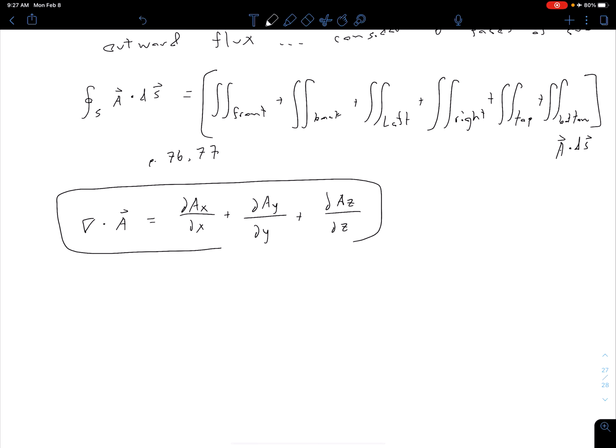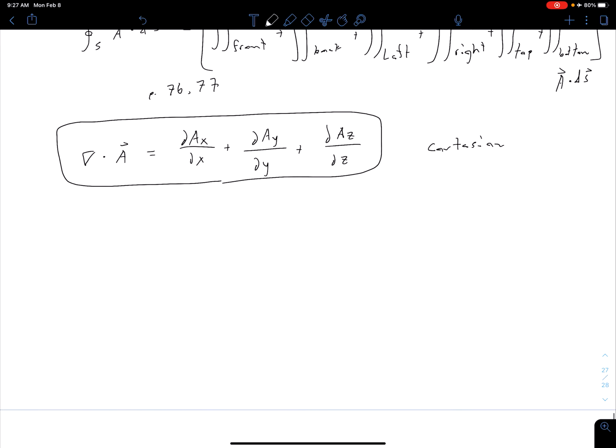So this is our divergence for Cartesian coordinates. Similar analysis can be done for cylindrical and spherical, and I'll write those equations. But before, for clarity, our A in Cartesian coordinates would be AX in the X direction, plus AY in the Y direction, plus AZ in the Z direction.